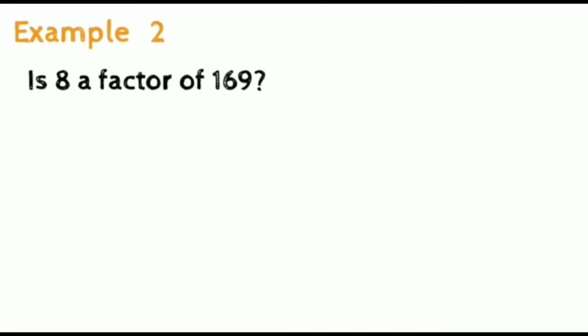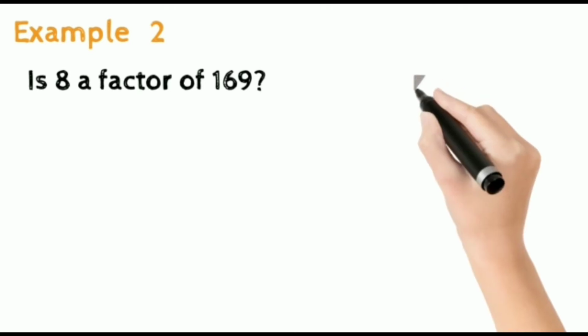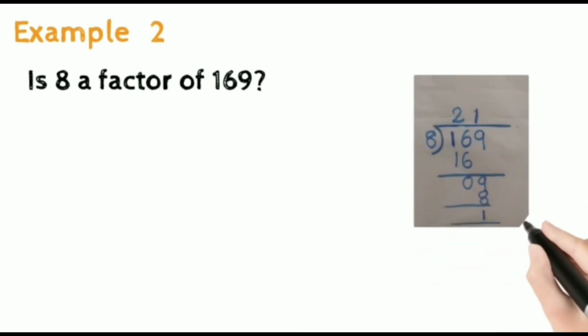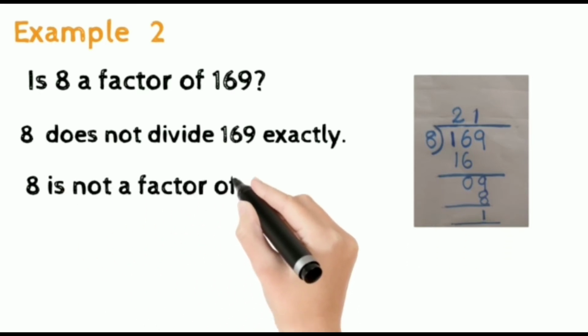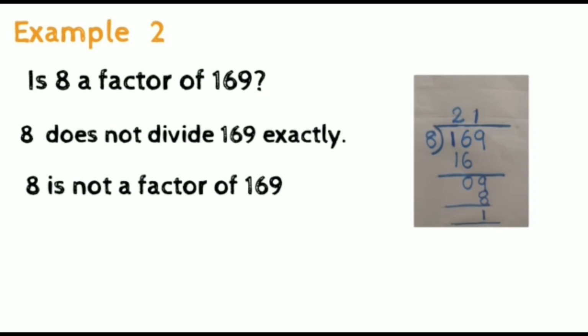Already you know how to divide a bigger number by a smaller number. We can divide 169 by 8. Here the quotient is 21 and the remainder is 1. 8 does not divide 169 exactly. 8 is not a factor of 169 because the remainder is 1.